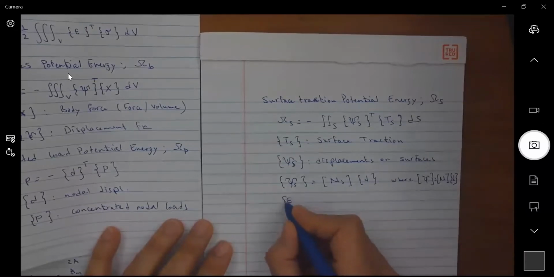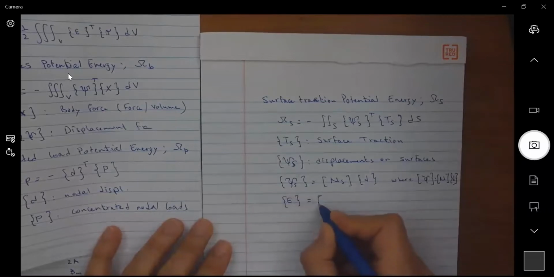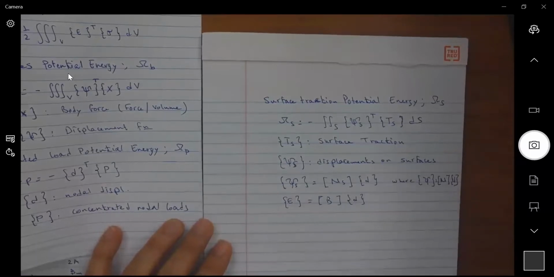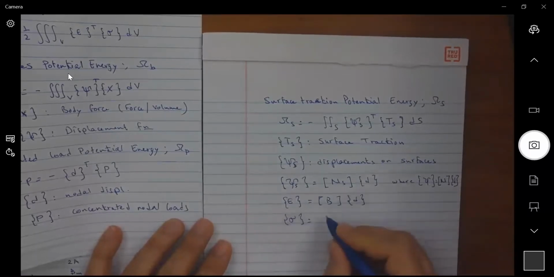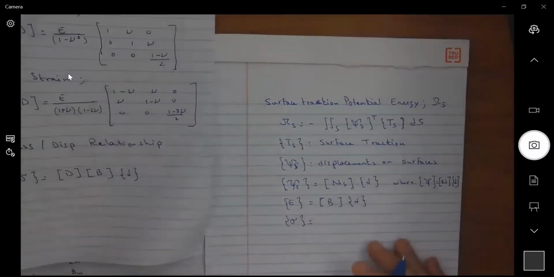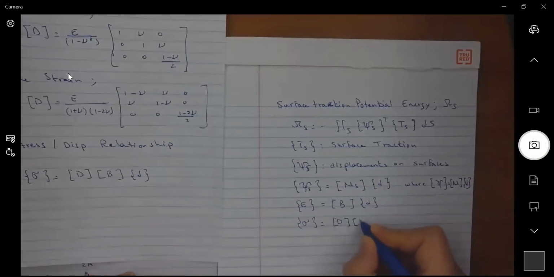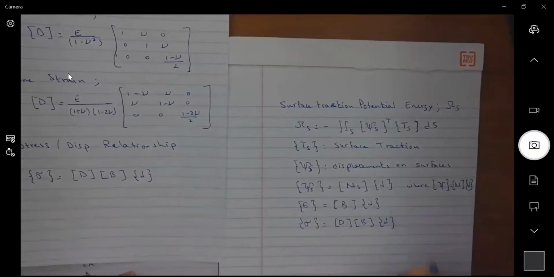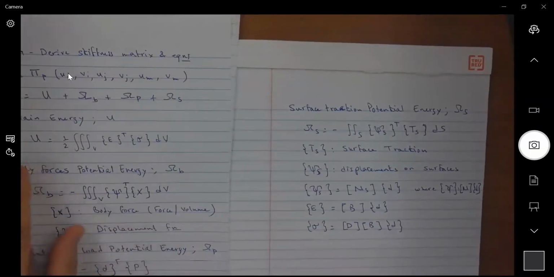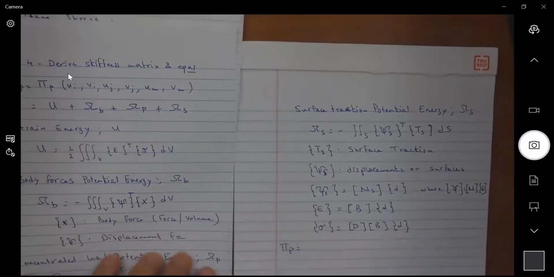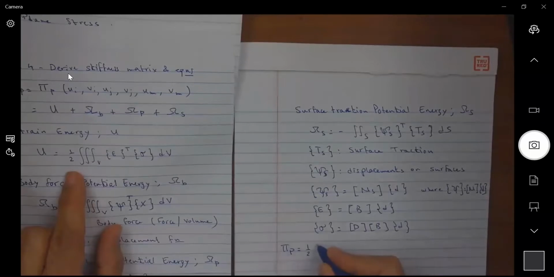Now, we were able to express the strain in terms of displacement by epsilon equal B times D, and the stress was expressed also in terms of nodal displacement as D times B times D. So if I come here to my equation for pi p, I would say pi p is equal to 1/2 the triple integral over the volume.